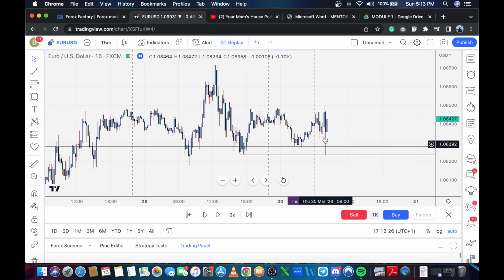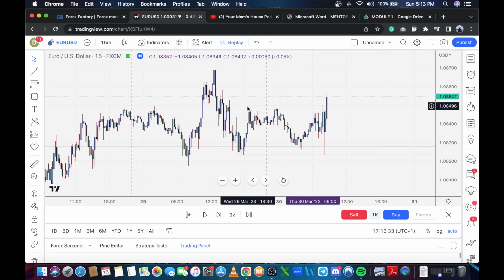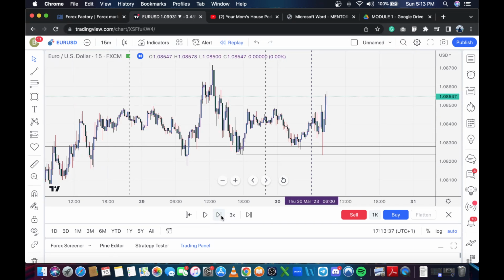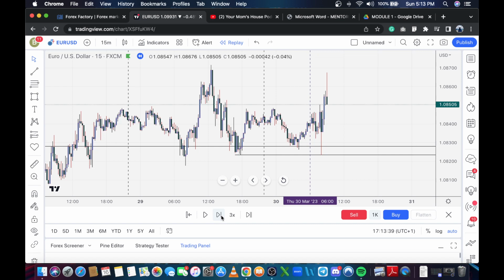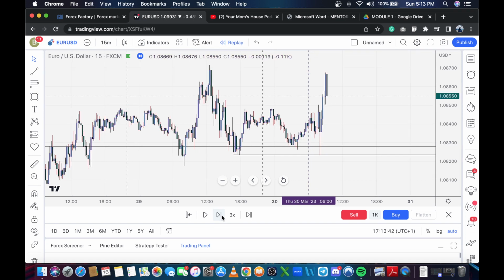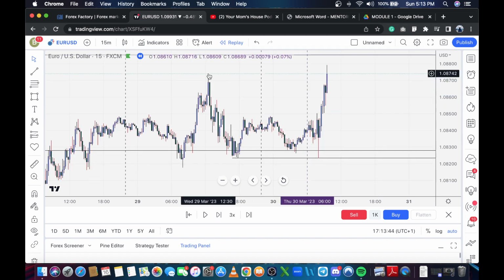When I say displacement away from there, that validates institutional sponsorship. So let's see. Liquidity on the neckline taken out. And finally, we run liquidity on the buy side.